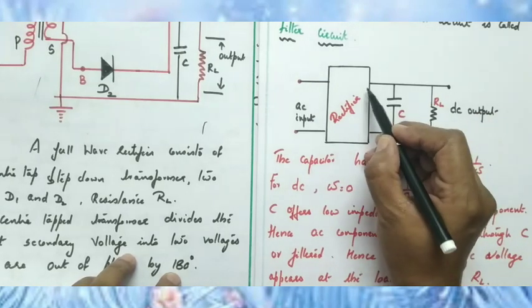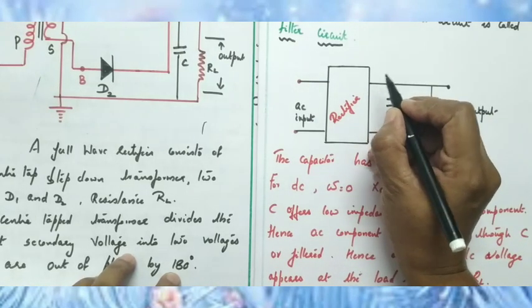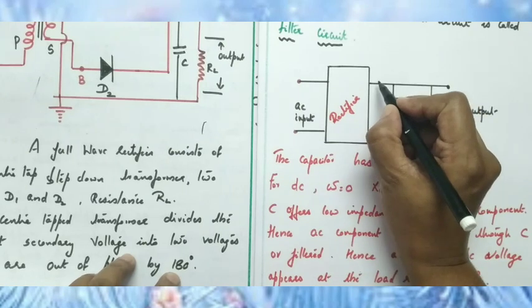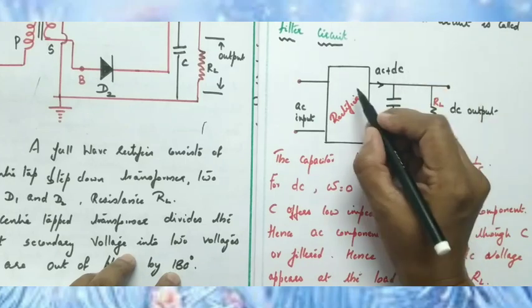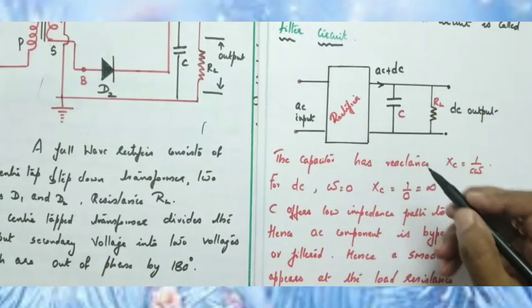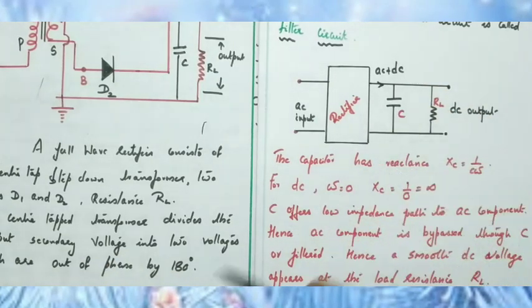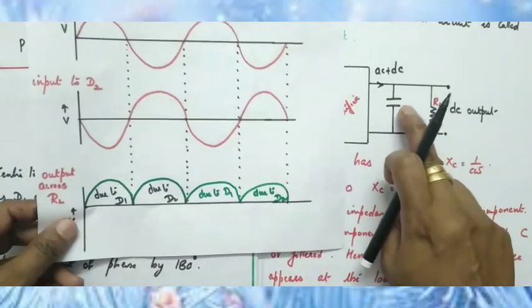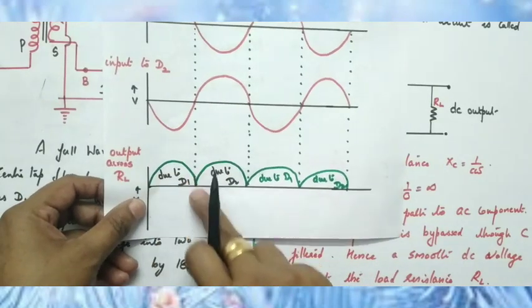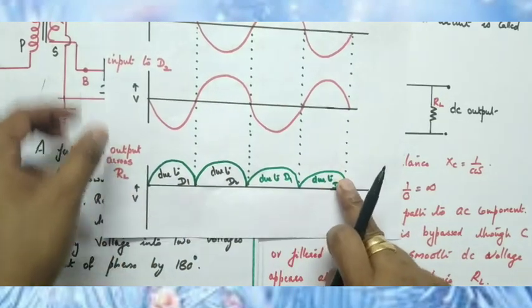Here comes the output of the rectifier. We know it has an AC component as well as a DC component. If no filter circuit is used, no capacitor is connected here, it consists of both AC and DC. This is called pulsating voltage.